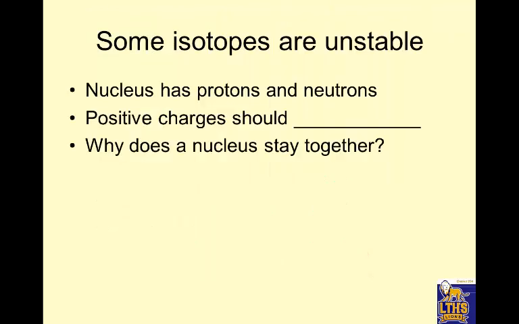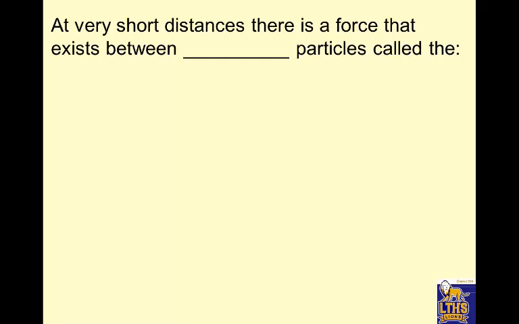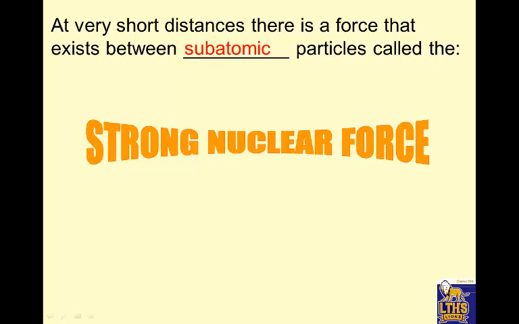Alright, so some isotopes are unstable. What does that mean, unstable? Because the nucleus has protons and neutrons always, you're putting things with positive charge together. Positive things should repel each other, but in a nucleus, those positive things stay together. So, let's see why. The subatomic particles in the nucleus have a force in between them called the strong nuclear force.